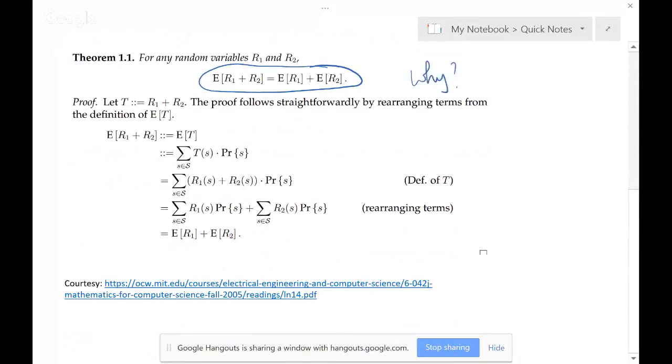I think the person who asked the question understood the lines of the proof, but in some sense wanted to know why this even holds, and what is the intuition behind this linearity of expectation. So let's actually look at what is going on.